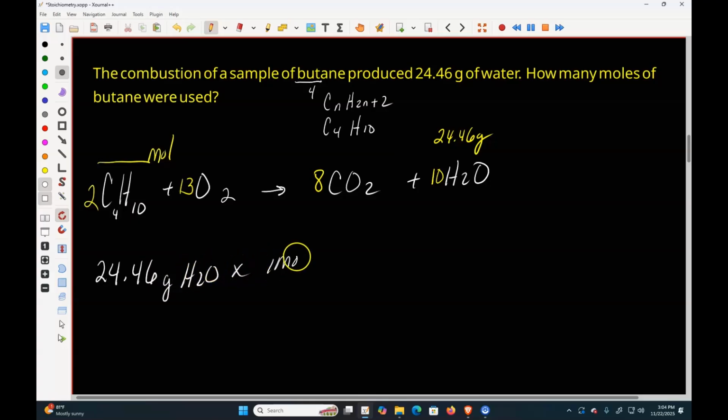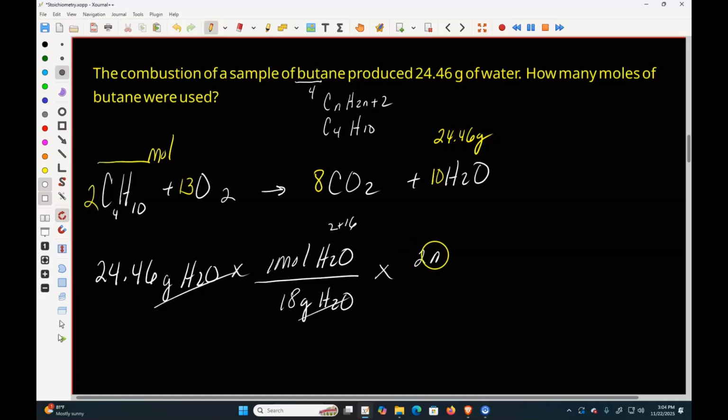Times 1 mole of water over the molar mass of water. So water, this is 2 plus 16, so that's 18 grams of water per mole. Grams water cancels. Now my ratio step, I put what I'm looking for on top, so I have 2 moles of C4H10 over 10 moles of water.